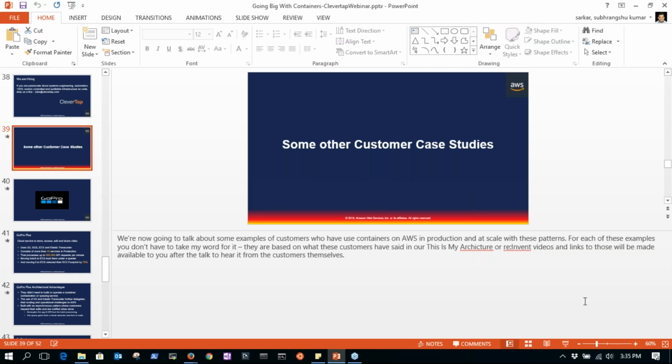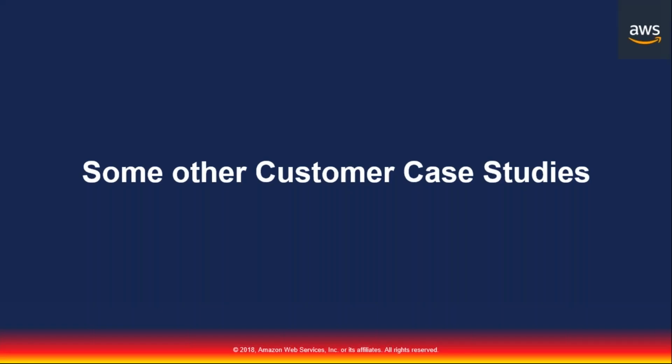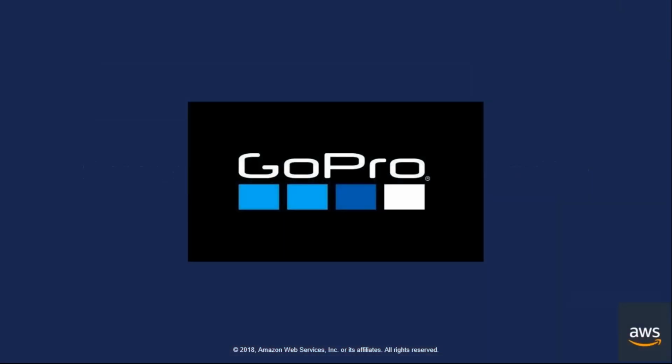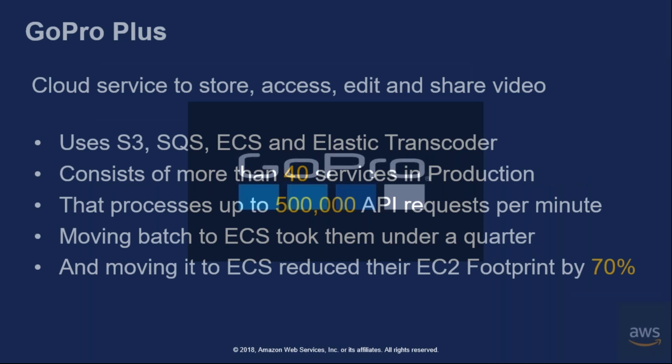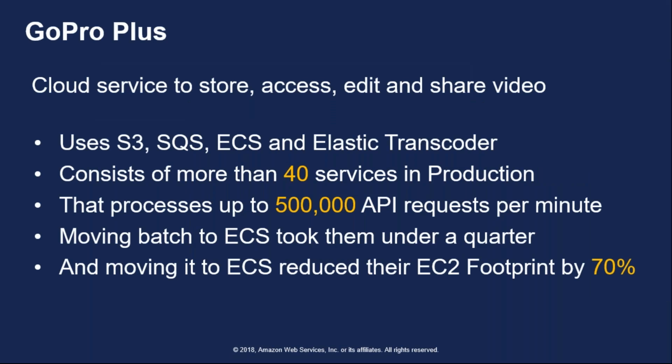Yeah, thanks, Francis. So we'll do some other customer case studies. First, we'll cover a customer called GoPro. GoPro makes these amazing cameras, and this is the infrastructure they have on ECS. They use S3, SQS, ECS, and Elastic Transcoder.